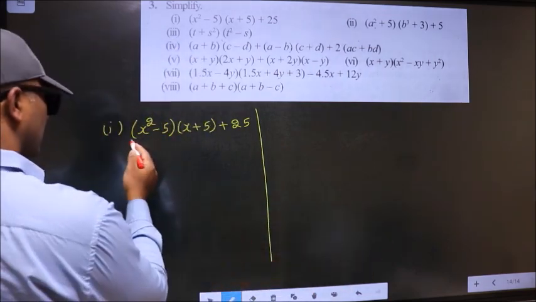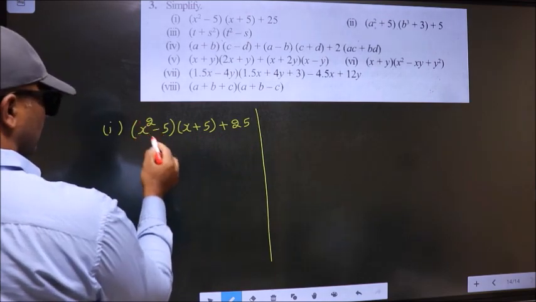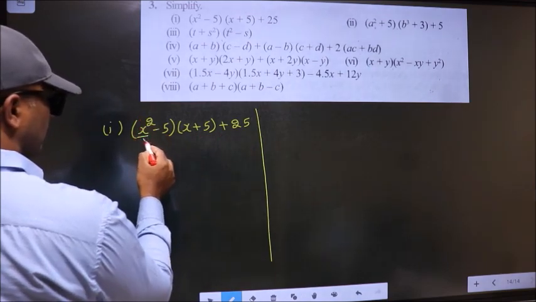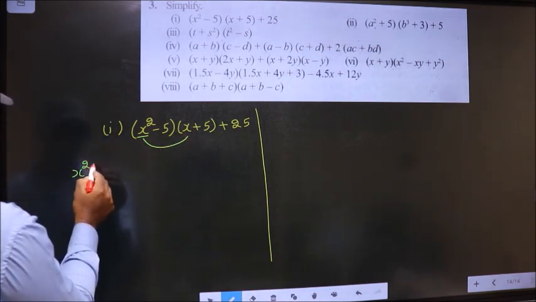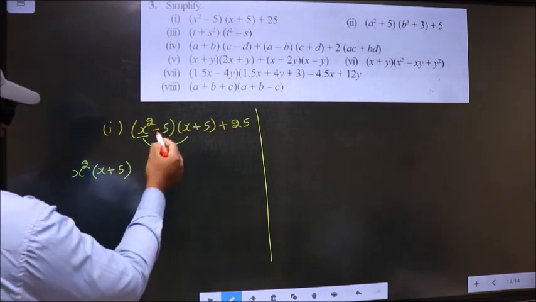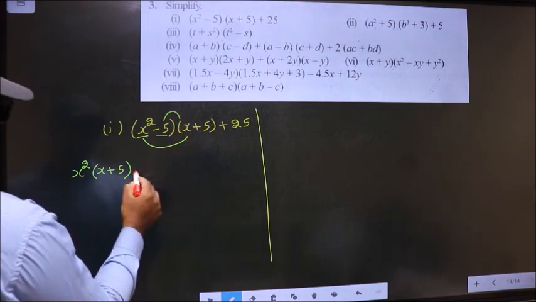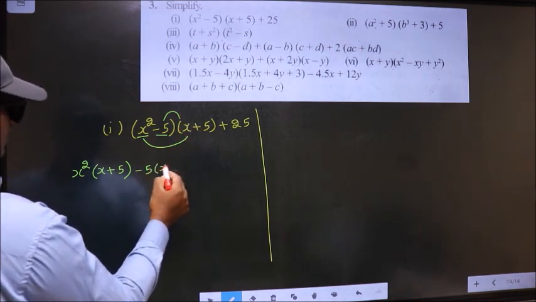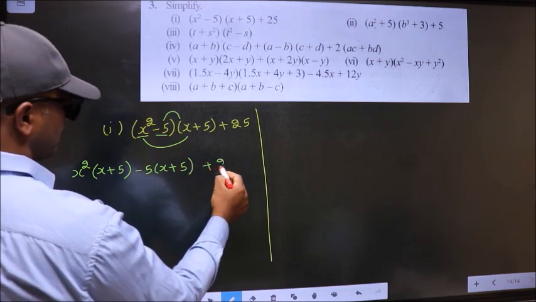Now, to simplify this expression, first with this term we should multiply this bracket, that is x square times (x + 5). In the same way with minus 5 we should multiply this bracket, that is minus 5 into (x + 5), plus 25 as it is.